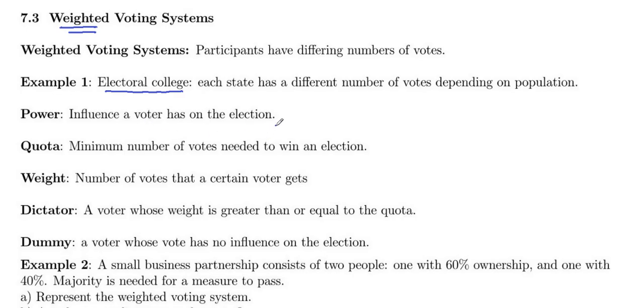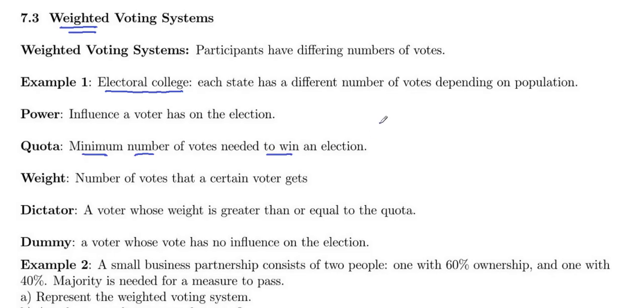So let's do some definitions here, and then we'll work some examples. The power is the influence that a voter has on the election. What is influence? Well, the sway they have over the results. We'll make this more specific in a minute. The quota is the minimum number of votes to win.